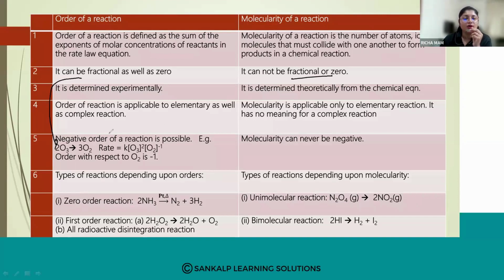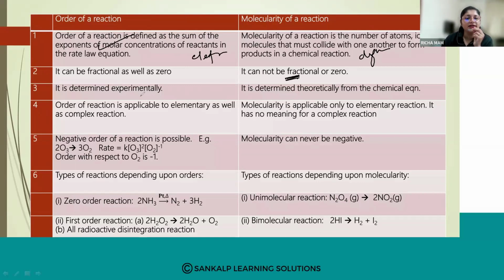Then order of reaction can also be negative, but molecularity of reaction cannot be negative. Like this, the differences should be given. On both sides, when you write a definition here, you also have to write a definition there. When you talk about fraction as well as 0, you give the same difference with respect to molecularity.